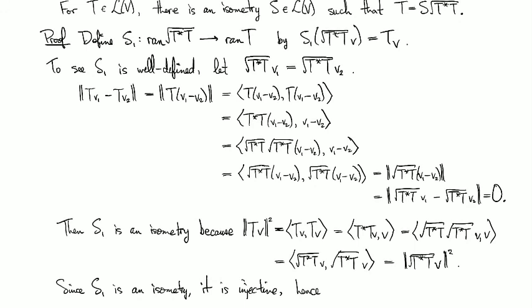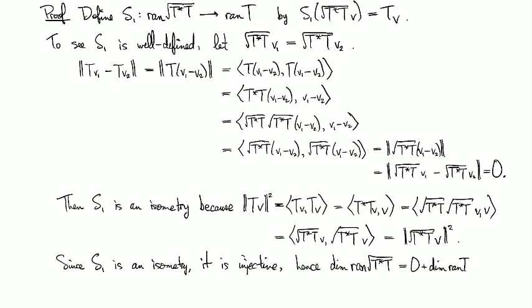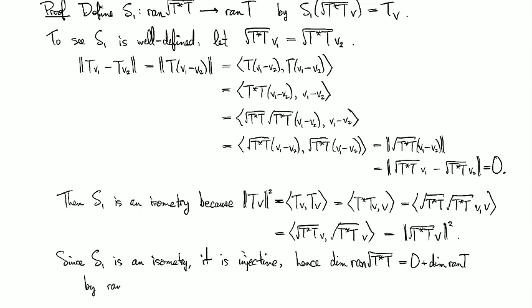So its null space has dimension 0, and then that tells us that the dimension of the thing that we started with, which was the range of this guy, that's the vector space we started on, is equal to 0 plus the dimension of the range of T by the rank-nullity theorem. Okay, so they have the same dimension. All right.